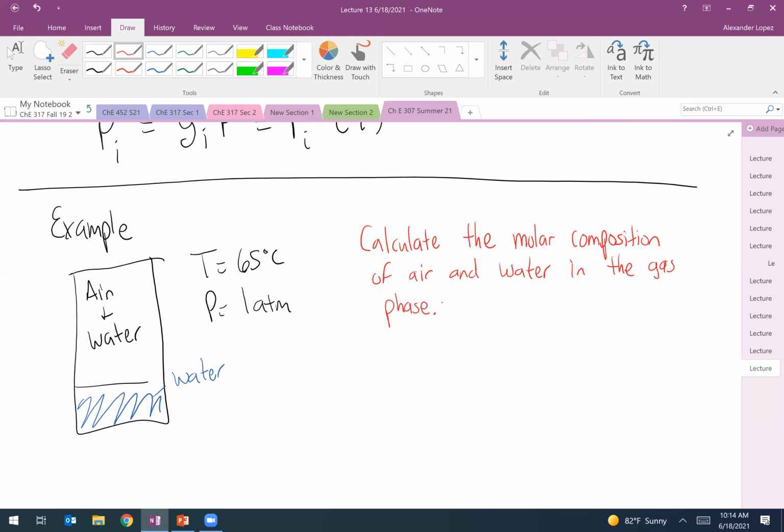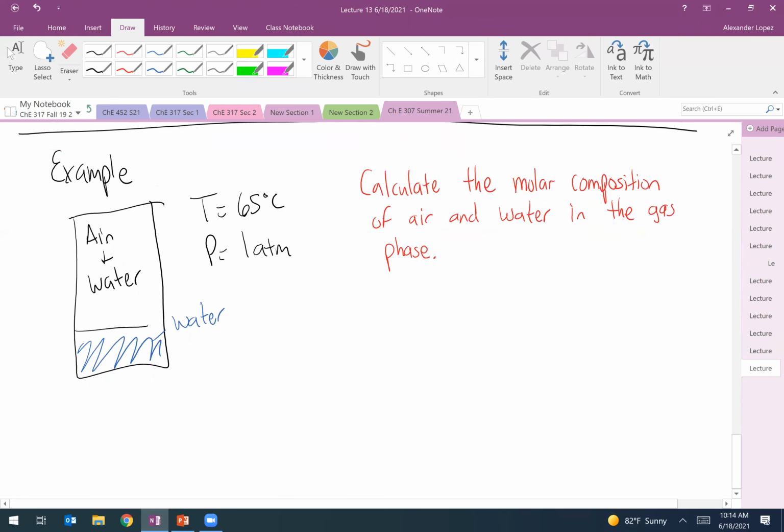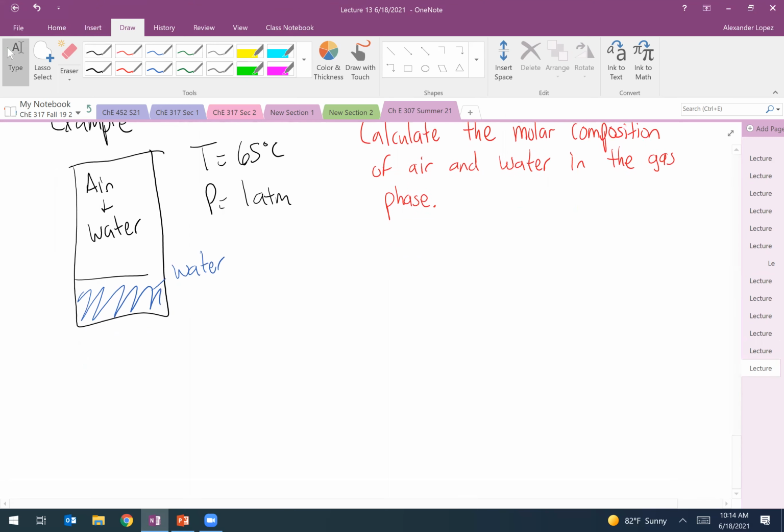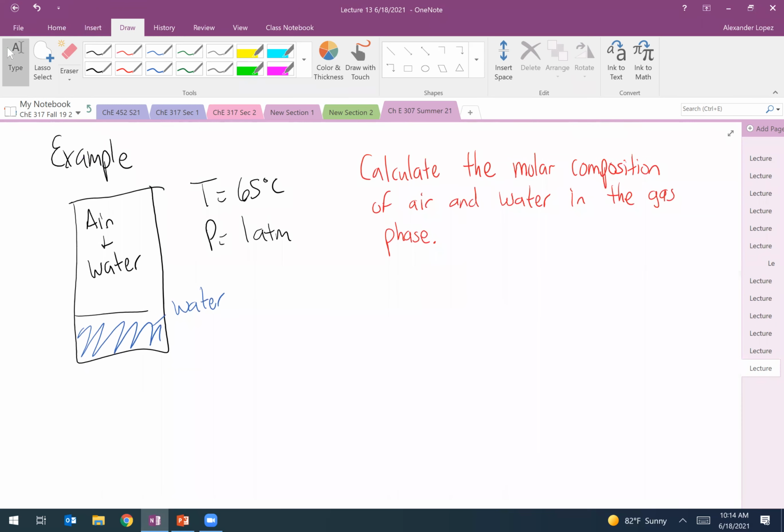All right, so for this problem, I need to calculate the vapor pressure of water when my temperature is 65 degrees Celsius. Since I like Antoine's equation, I'm going to use Antoine's equation.